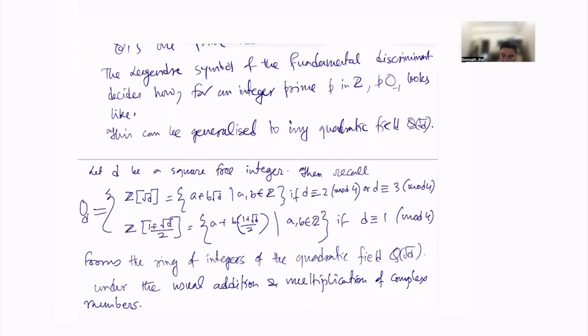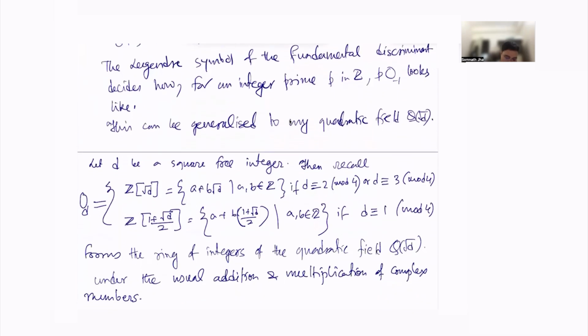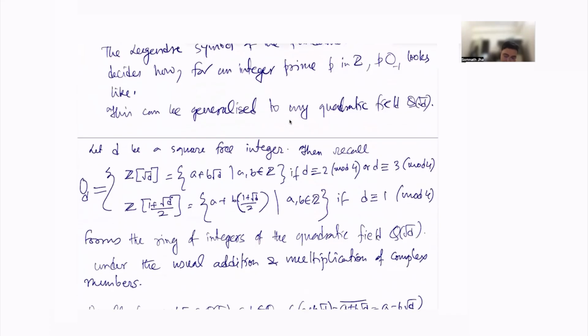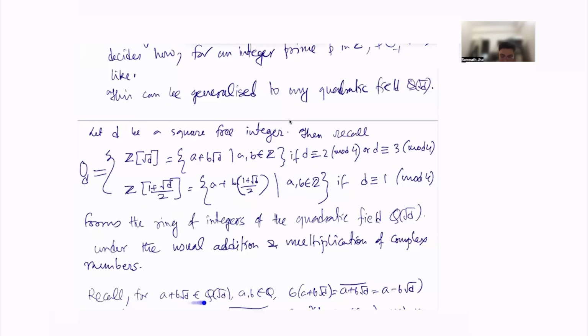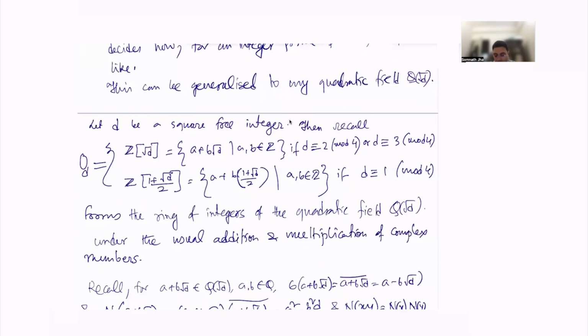So this is the ring of integers of the quadratic field, under the usual addition and multiplication of complex numbers. We have also seen that for an element a plus b root D in Q(root D), we have the map sigma from Q(root D) to Q(root D), which is a field isomorphism. It takes a plus b root D to a minus b root D, and we denote it by the bar.